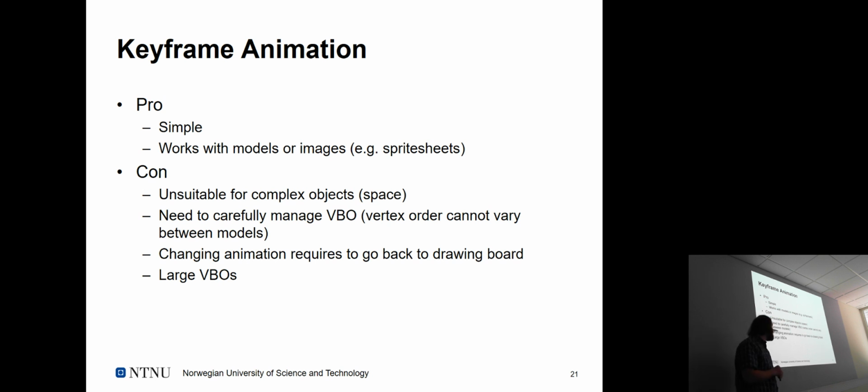That is very time consuming and inconvenient. VBOs are very large and cumbersome to manage, memory-wise also a pretty bad idea, and you need to be super consistent between the indices and vertices.